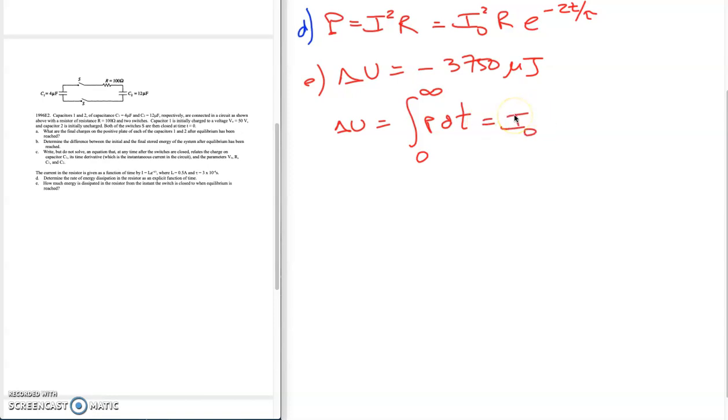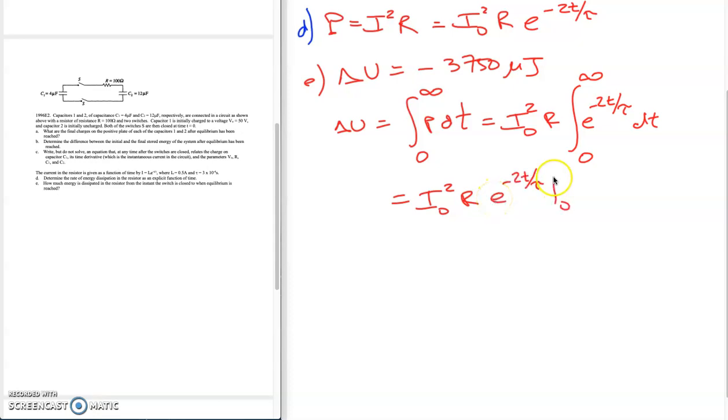So that will be I naught squared R times the integral of e to the negative 2t over tau dt from 0 to a long time later. Keep in mind, a long time later for an electron could be a couple of microseconds. So we're going to have I naught squared R e to the minus 2t over tau evaluated from 0 to a long time later, divided by negative 2 over tau.